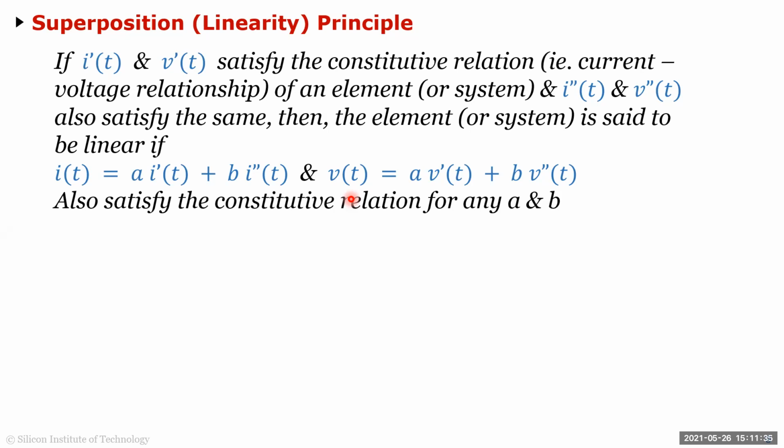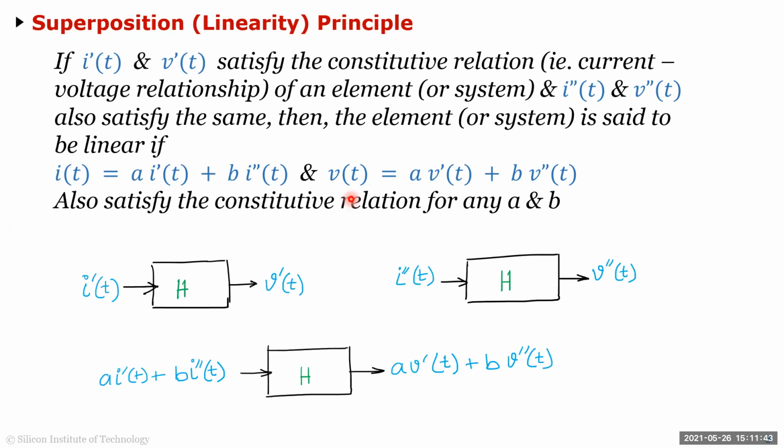I think everyone is aware of what superposition is, so I'll just quickly explain it. This is in words, but I'll show you in figures. Essentially, what superposition means is that if you have a linear system, for example, in this one I'm considering H as this linear system, then if you apply an input, you get an output.